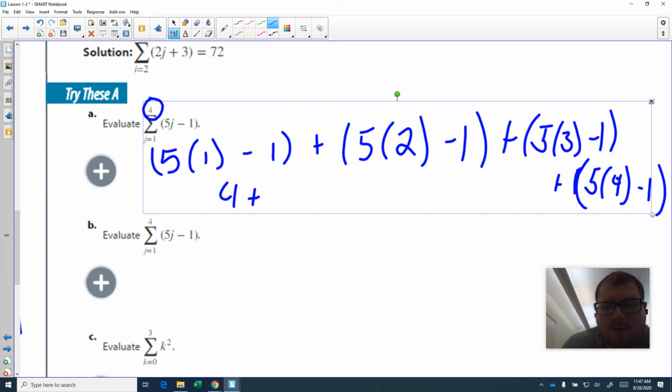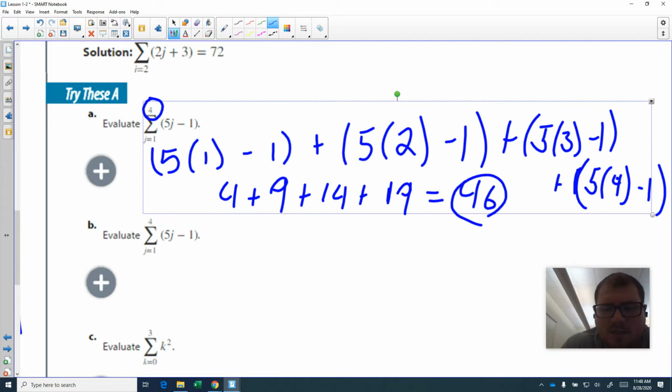This is 4 plus 5 times 2 minus 1 is going to be 9, plus 5 times 3 minus 1 is going to be 14. And last, 5 times 4 is 20, minus 1 is 19. Okay? So all I did was just solve out each of those pieces. And if I add those all up, I get a final answer of 46. So the partial sum of that equation from 1 to 4 comes out to be 46.